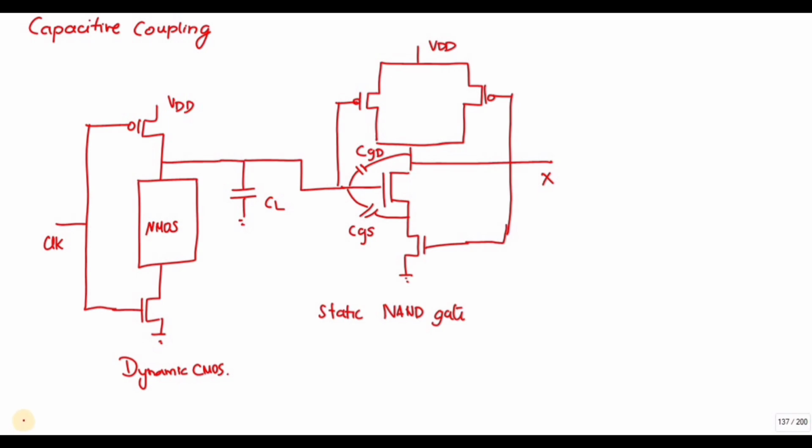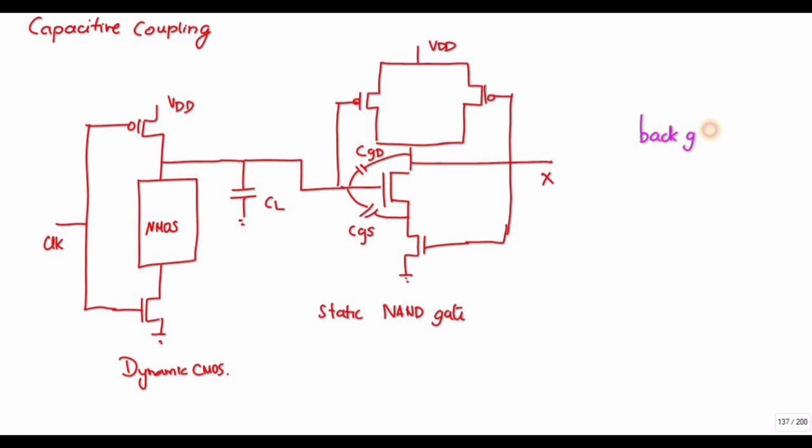So another important problem of dynamic CMOS logic is capacitive coupling. So here you can see this dynamic CMOS logic is driving the static NAND gate. Okay. So here you can see there is a back gate coupling.